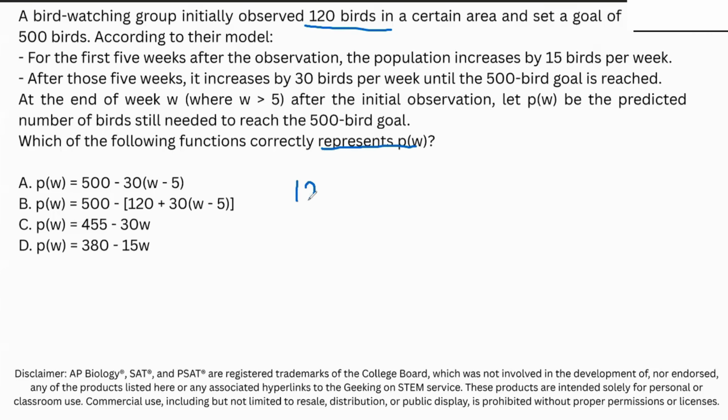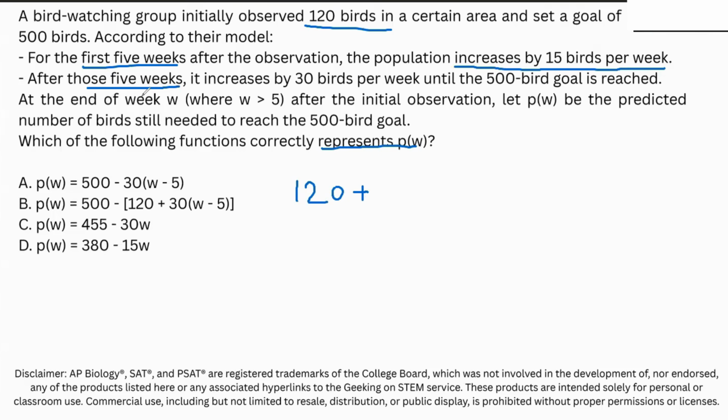They let us know that they're first observing 120 birds. So off the bat, we have these 120 birds, and they let us know in the first 5 weeks we have a certain range, and then after those 5 weeks, there's a certain range of where the population goes. So in the first 5 weeks, we have 120 plus we're increasing our population by 15 birds per week.